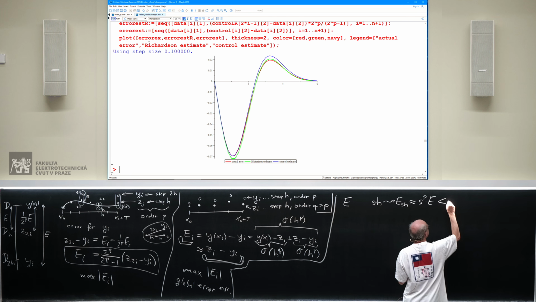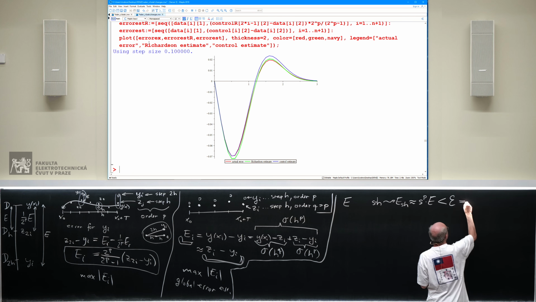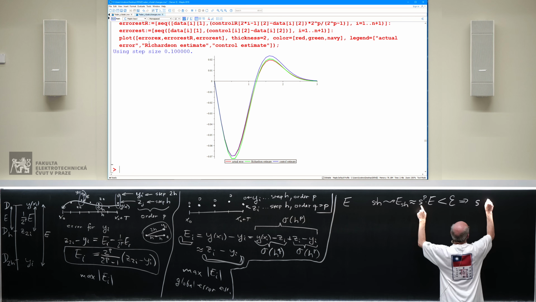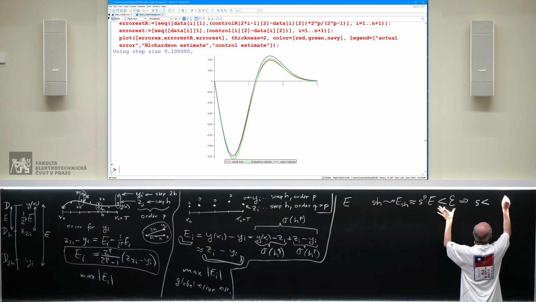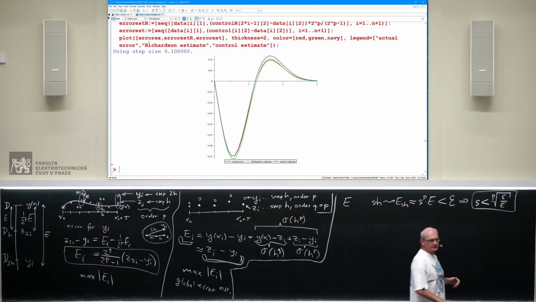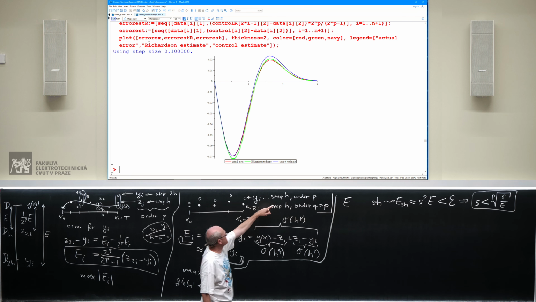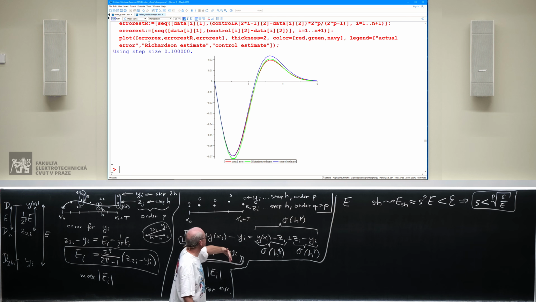And the customer wants us to have this smaller than epsilon. That's a simple inequality that you can solve. And s should be taken smaller than epsilon over e, pth root. So you don't have to go by trial and error.